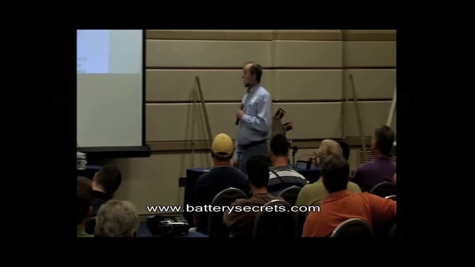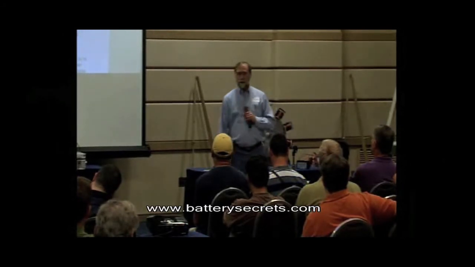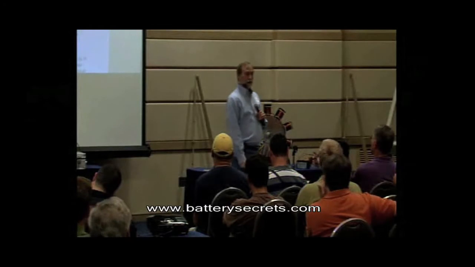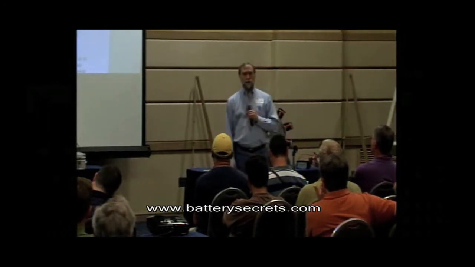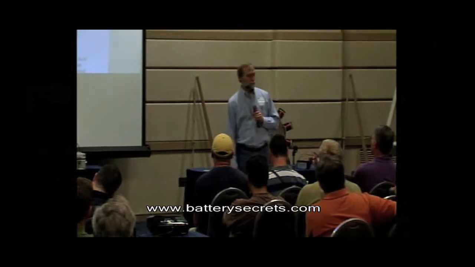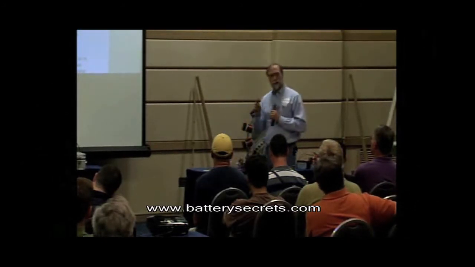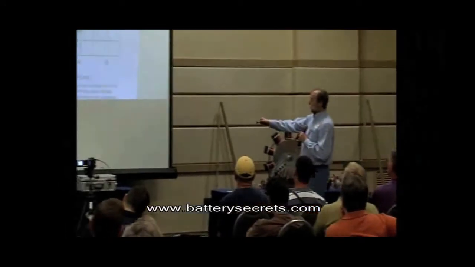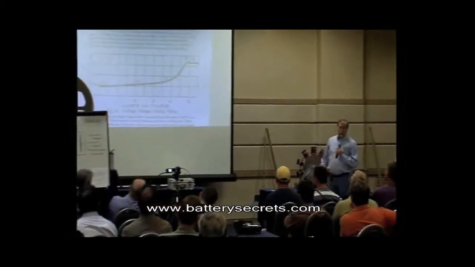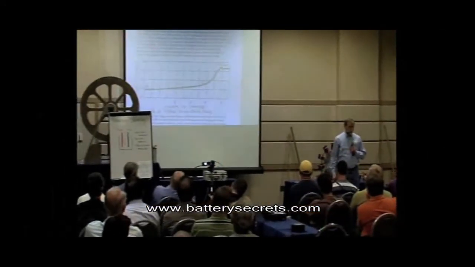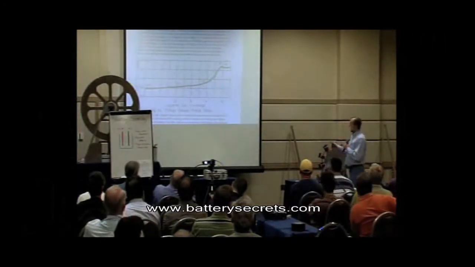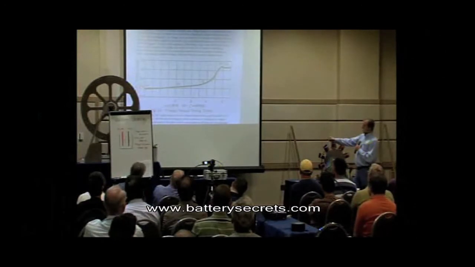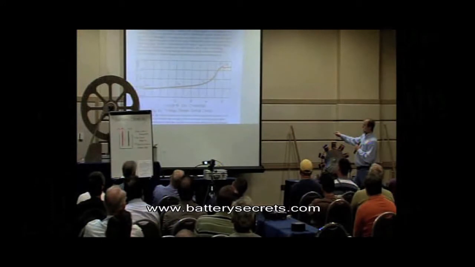And after the battery started working pretty good, we started seeing something that was absolutely unexplainable. And here's what we saw. On Monday, after the battery had been resting for 2 days without being used, the charge looked pretty much like this.